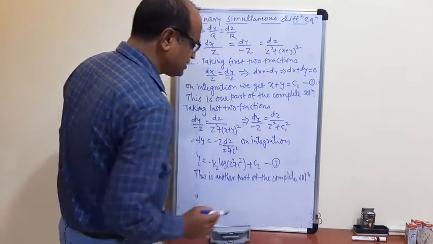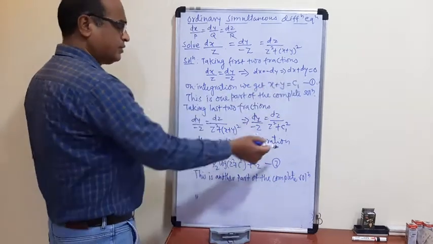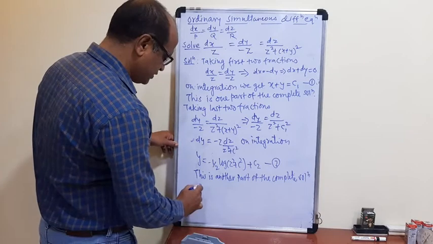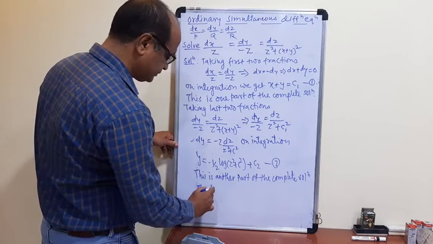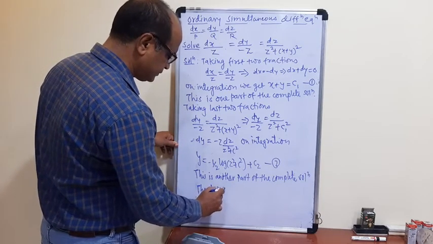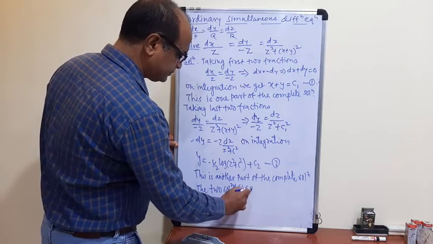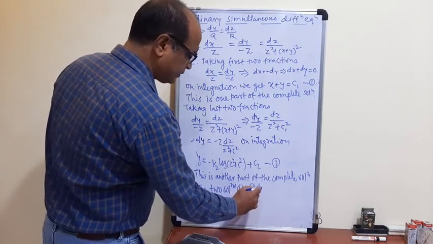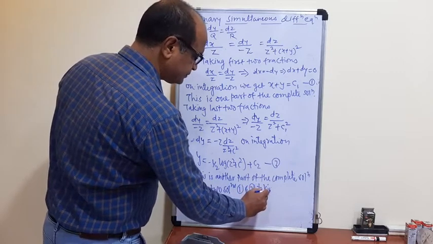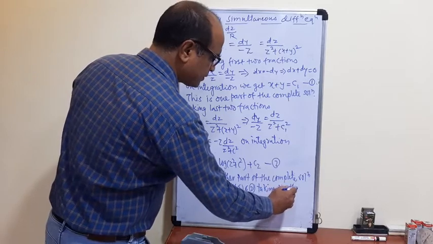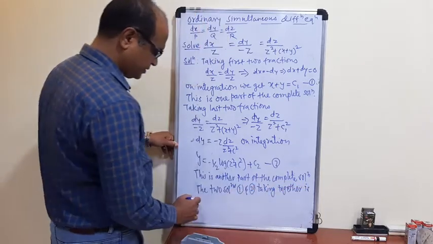So these two solutions, 1 and 2, taken together, are the complete solution.